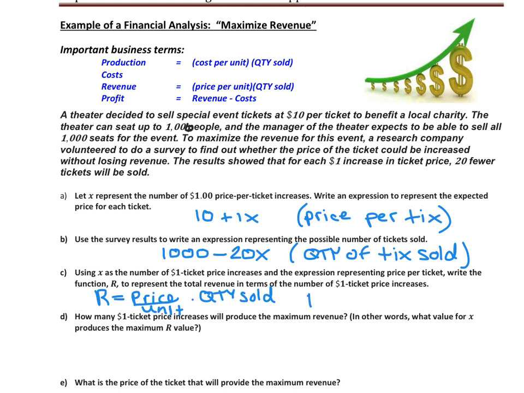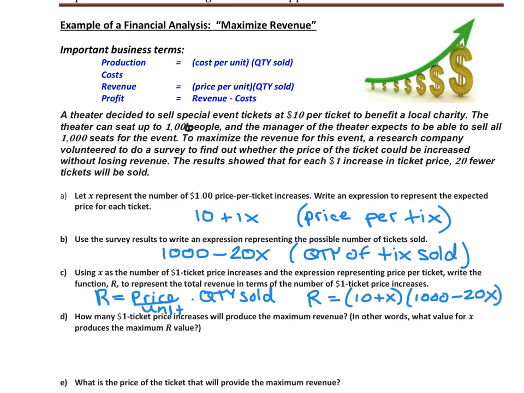So if we substitute in our algebraic expressions, the price per unit is going to be our 10 plus 1x. I'm going to shorten that to 10 plus x. And the quantity sold is going to be 1,000 minus 20x.